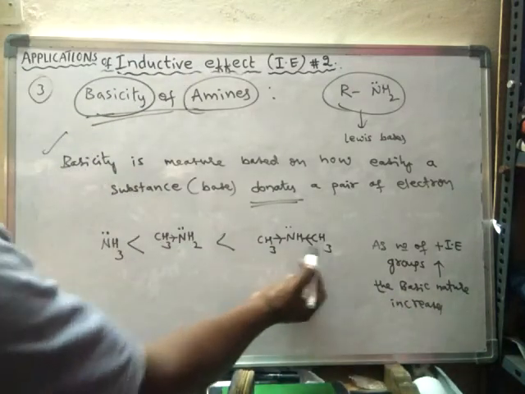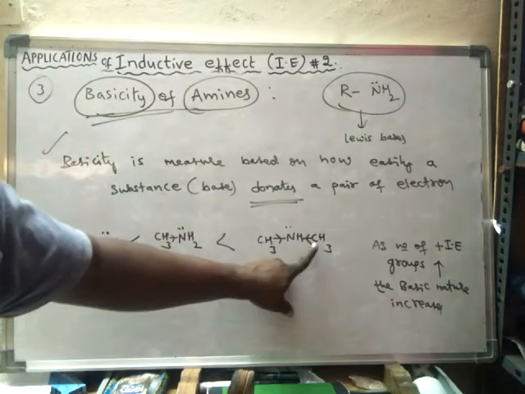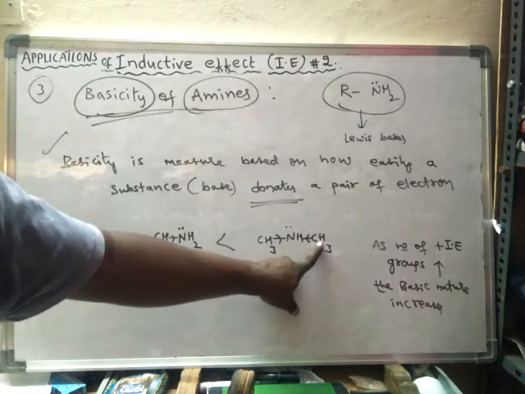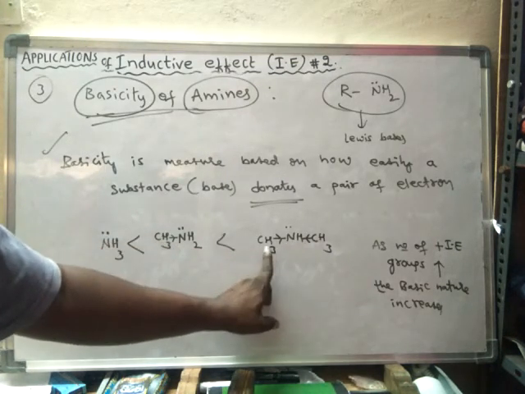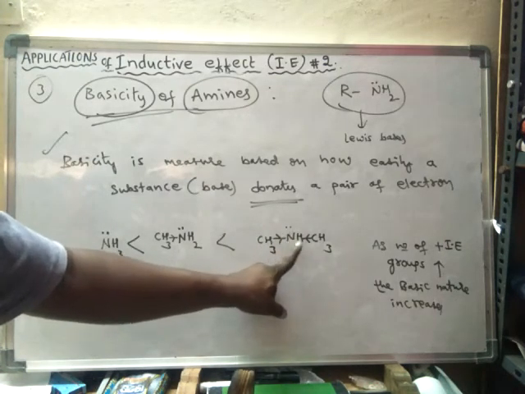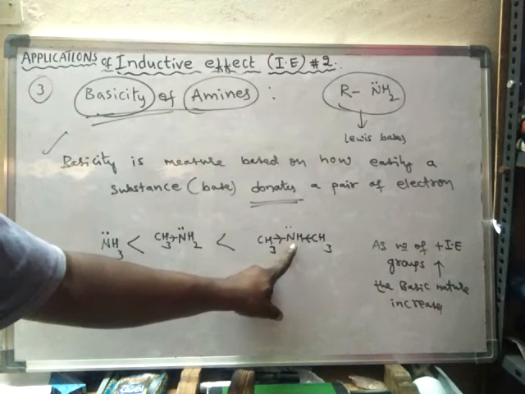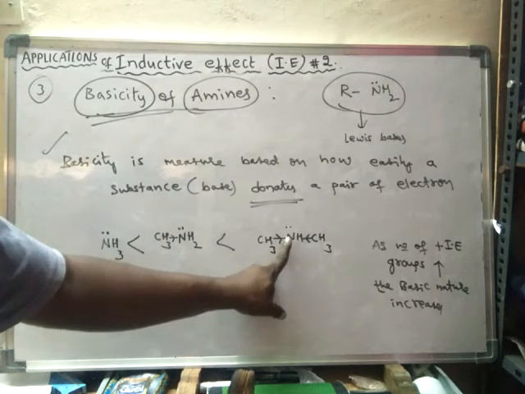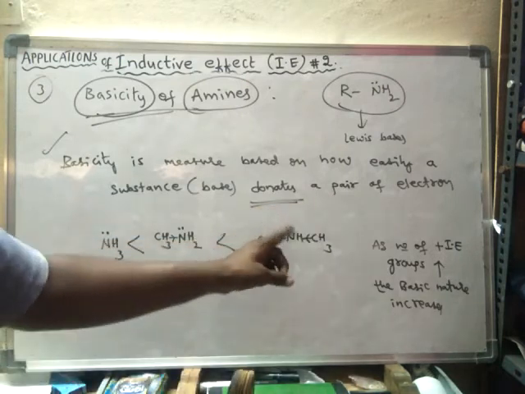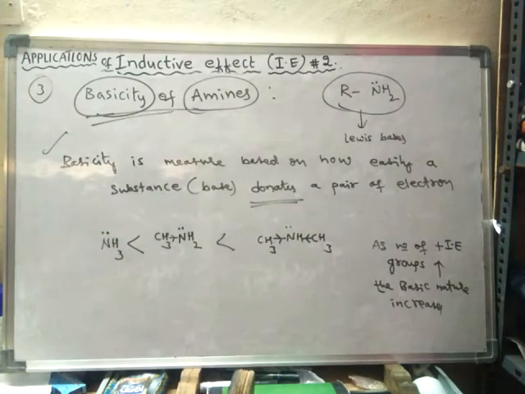Because with the increase in the number of plus IE groups, these plus IE groups try to release electron density onto this nitrogen. Here also it will try to release electron density onto this nitrogen. So this nitrogen gets more electron density, and as it has more electron density, it is ready to lose its electron pair to some other atom which requires it. So plus IE groups increase the basicity.